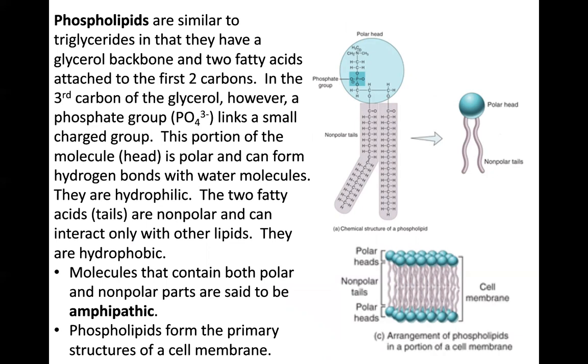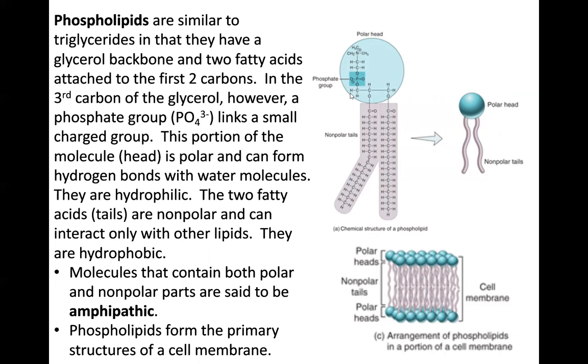Very similar looking and very similarly structured to triglycerides are the next fats, what we call phospholipids. They are similar because they have a glycerol backbone, just like our triglycerides do. They've got fatty acids, except now they've only got 2, and you can see they are shown here in gray.